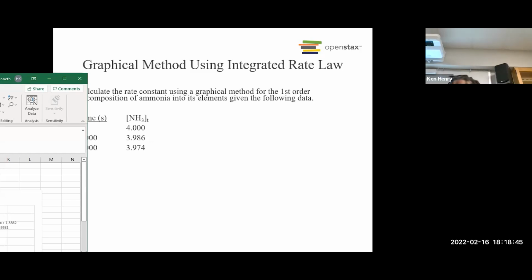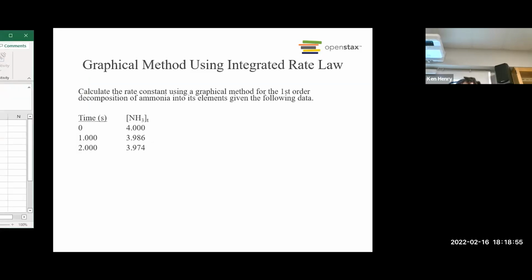Okay, let me know when you guys have the data. See how rusty I am.